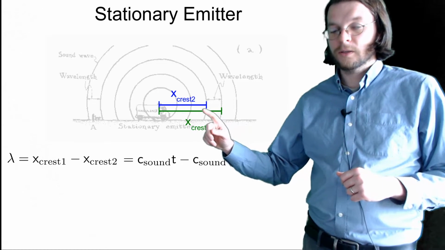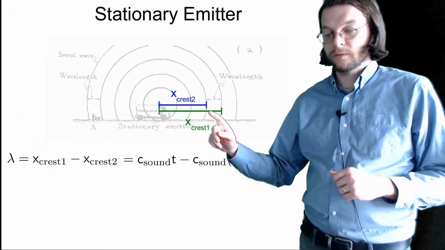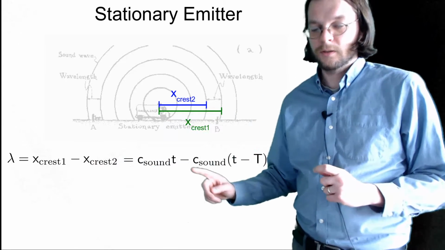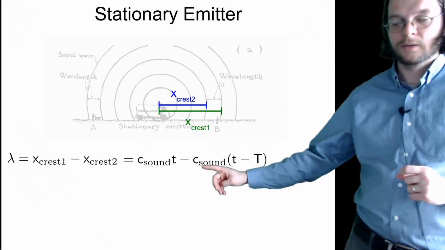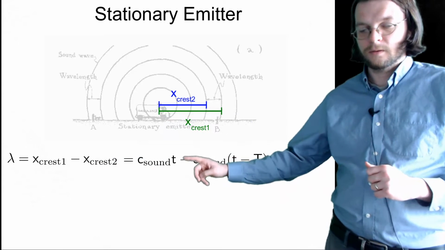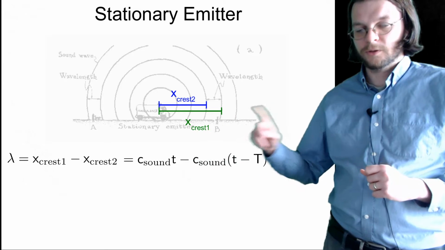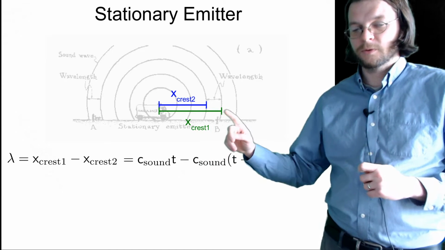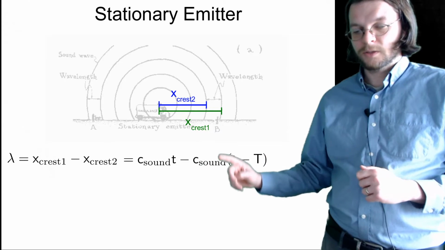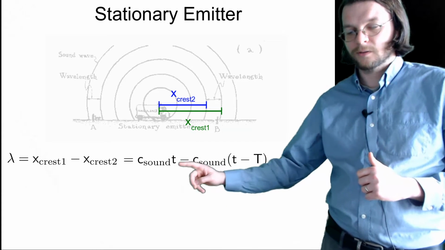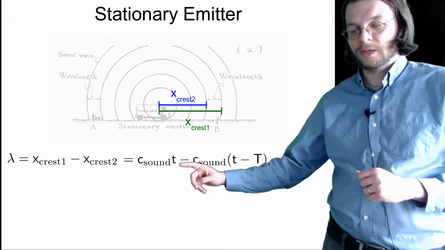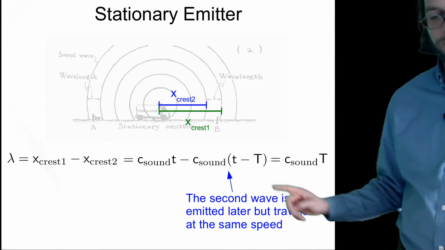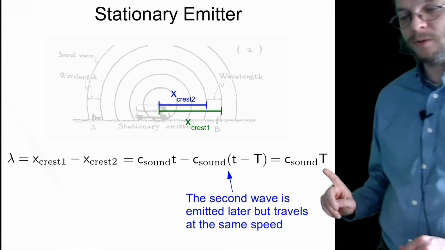What we do know is that the difference between these two things is the wavelength, and so that's exactly what we have here. So the wavelength here is the difference, and what's interesting is that even though this crest is marching forward and this crest is marching forward, the separation between the two is always constant, so the time dependence here cancels out. So speed of sound times the time here cancels with this speed of sound times the time. You end up with just the speed of sound times the period.